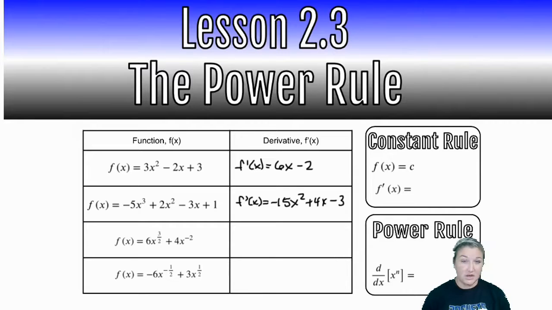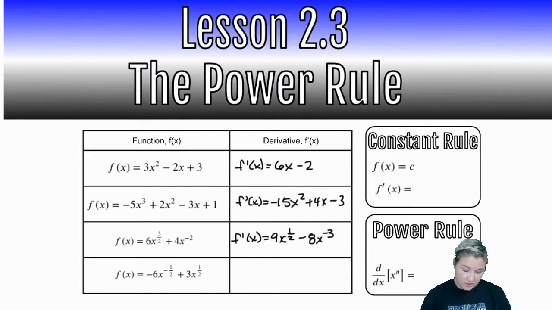Okay. Here's a crazy one. It has some rational exponents. So we have 6x to the 3 halves plus 4x to the negative 2. That derivative is going to be 9x to the 1 half minus 8x to the negative 3.